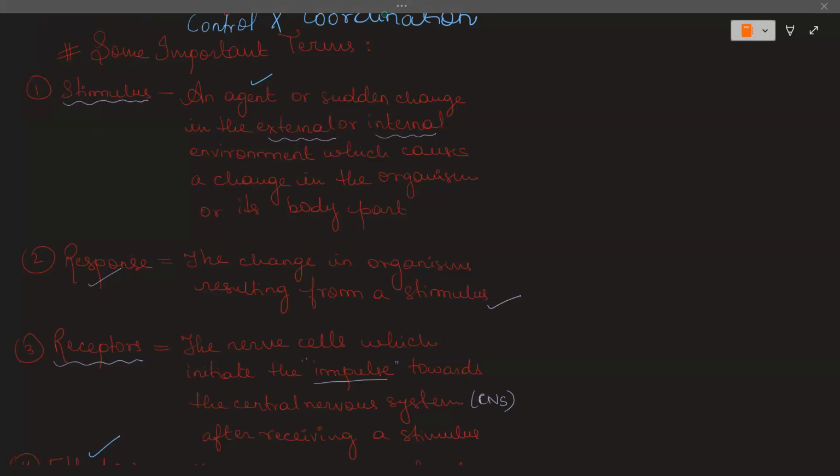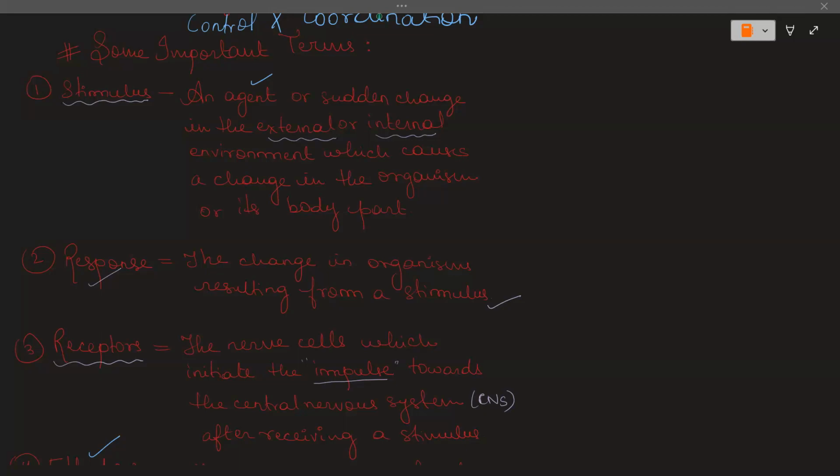So, talking about the stimulus, the first word in this chapter that you should know about is stimulus. Stimulus is an agent or a sudden change in the external or internal environment of the organism. Because of this change, the organism produces a response.